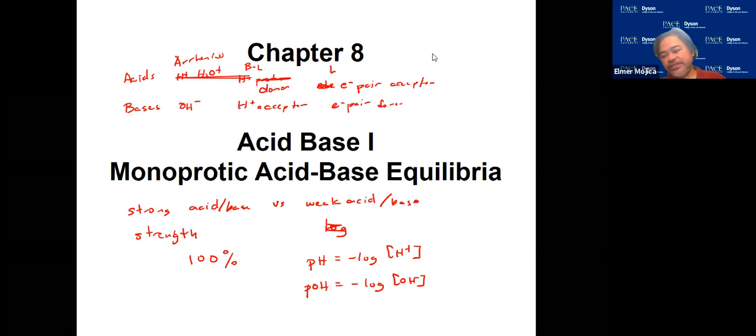There's a small list of strong acids. In fact, in Gen Chem, you were asked to memorize 6 or 7 strong acids, and if an acid is not included in that list, you can say it is a weak acid. Now, what else?